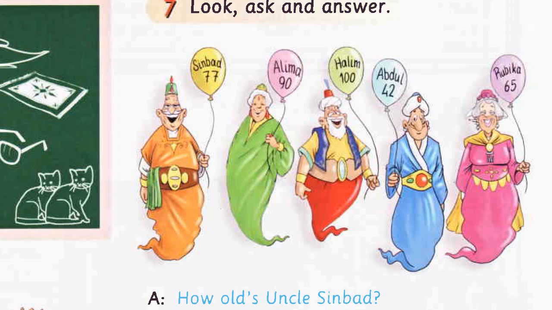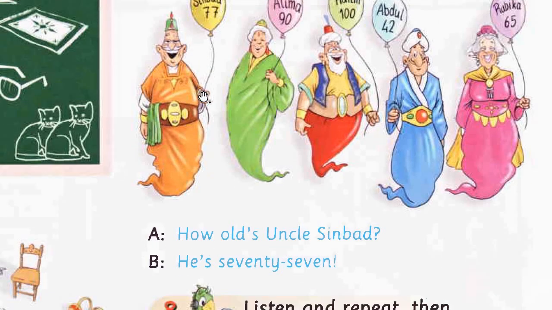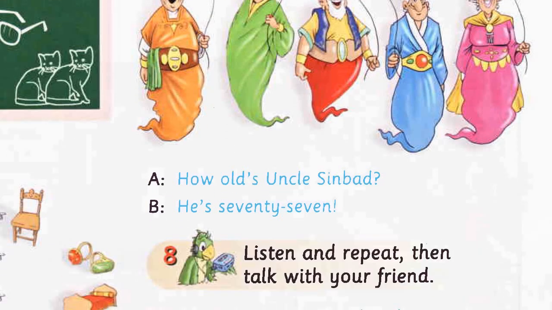Okay, look at the example. The first, look at this picture. You can see a picture and it's written Sinbad. Okay, and the number is this. What's the number? 77. Okay, now look at the dialogue. We're going to see the dialogue and practice first.